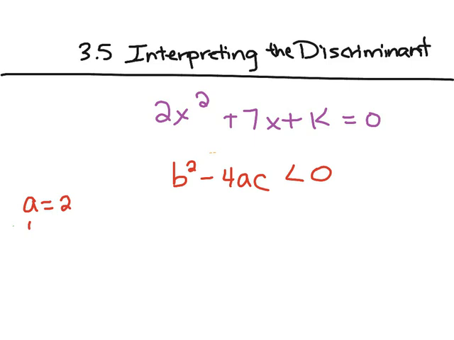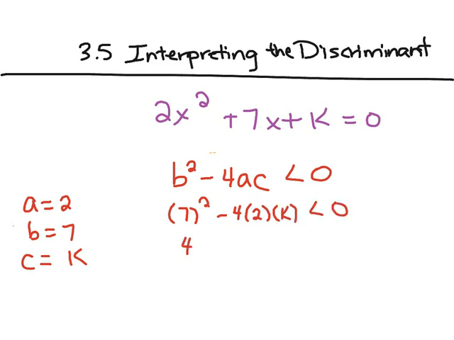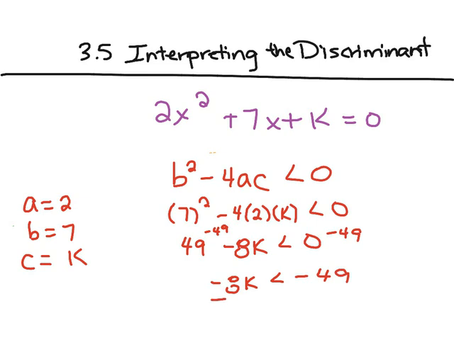Our a is 2, b is 7, and c is k. 7 squared minus 4 times 2 times k is less than 0. 49 minus 8k is less than 0. Subtract 49 from both sides. Negative 8k is less than negative 49. Divide by negative 8 and switch the signs, so k is greater than 49 over 8.